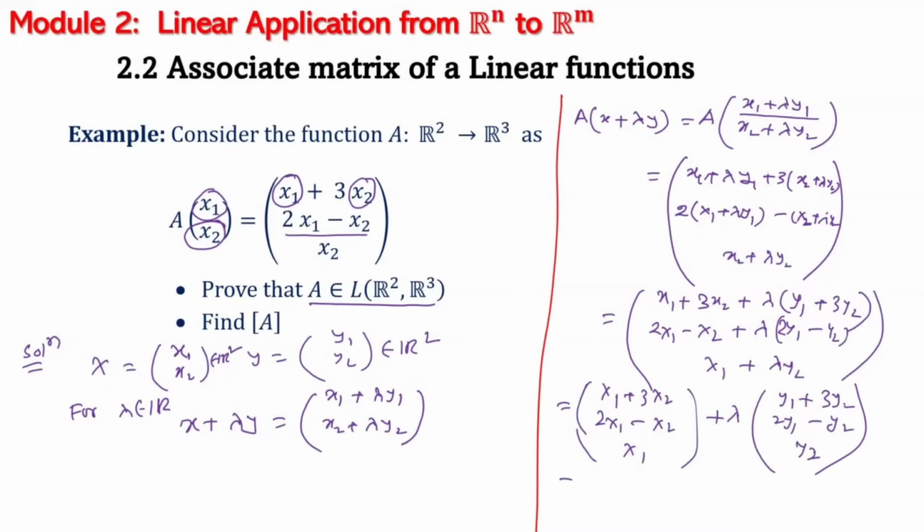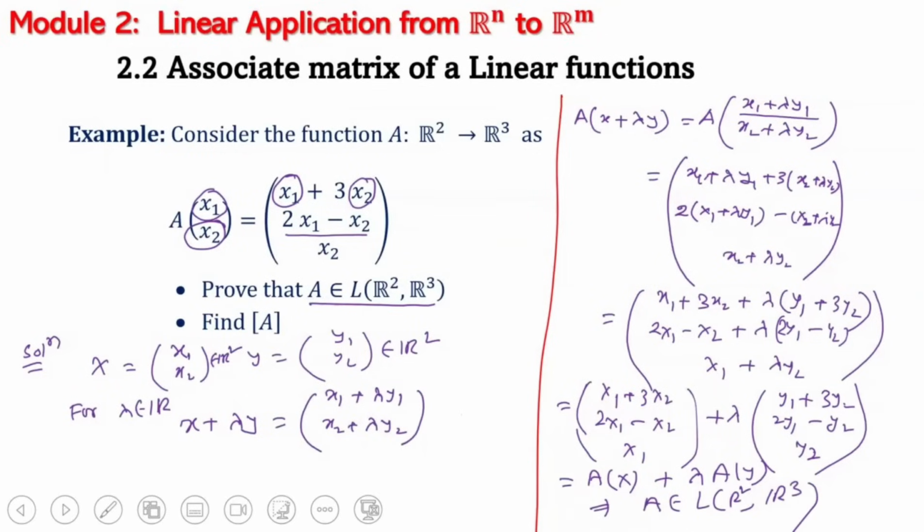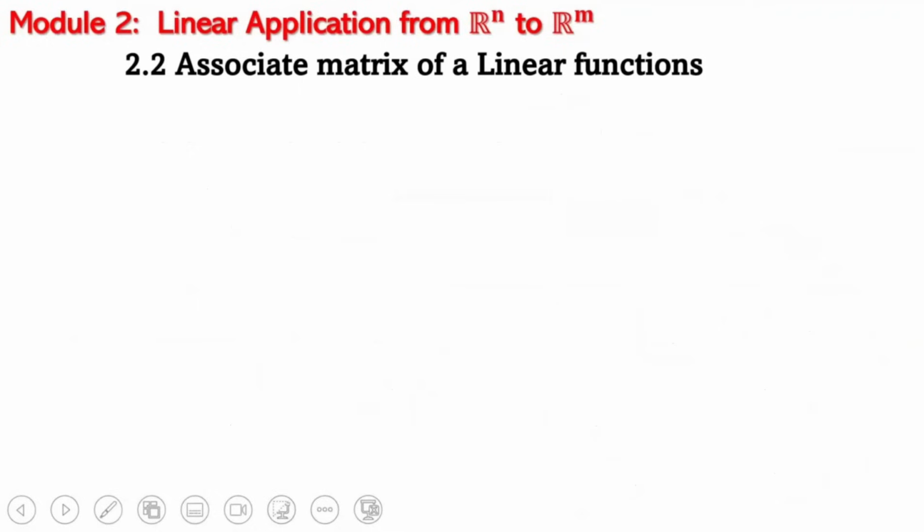Okay, so this is nothing but Ax plus lambda Ay. So this implies A is linear. So this implies A belongs to L(R2, R3). So now what is the next? To find the matrix of A.